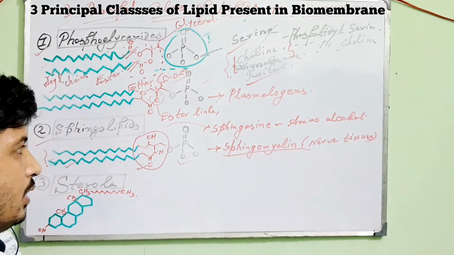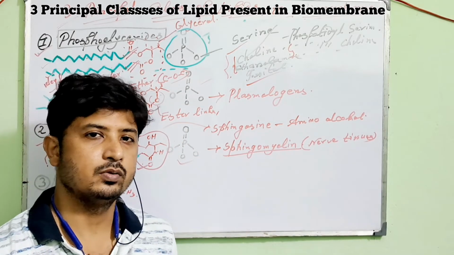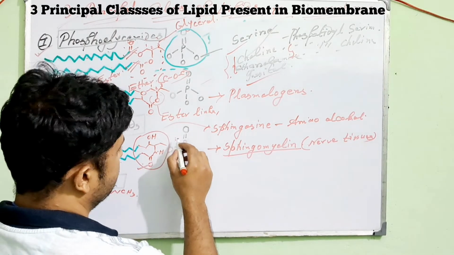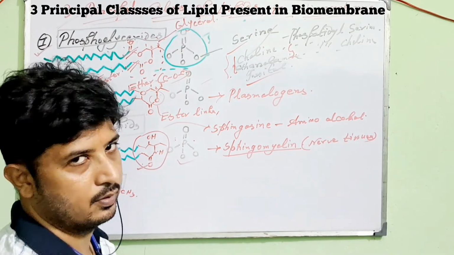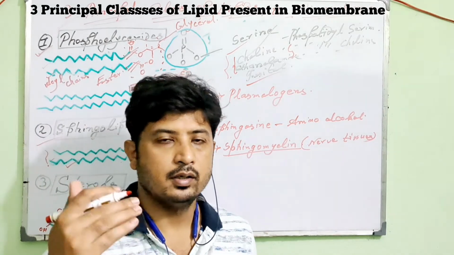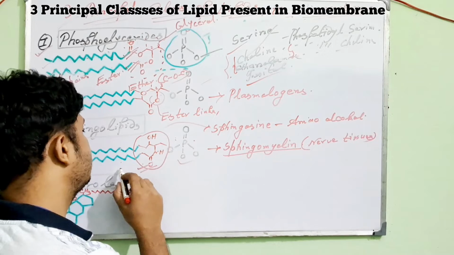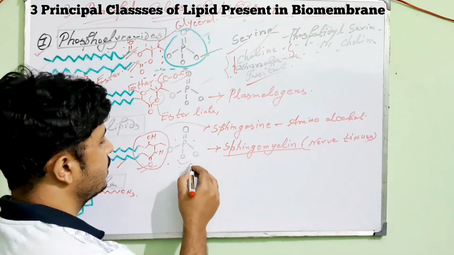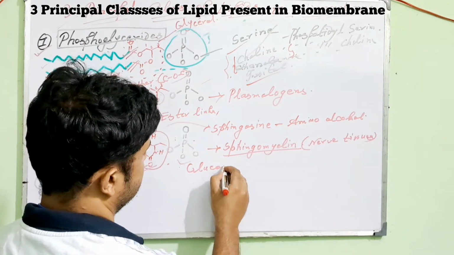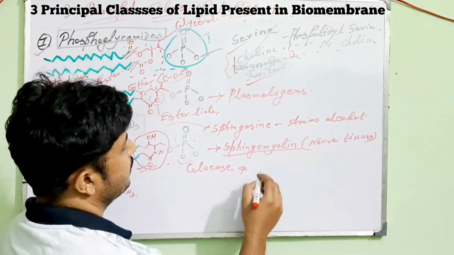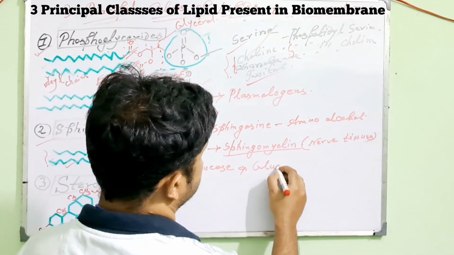Okay. Another one: if you consider that this phosphate group can be removed, then this whole part, sphingosine with two acyl chains, can be attached with a glucose molecule, and the name will be glucocerebroside.